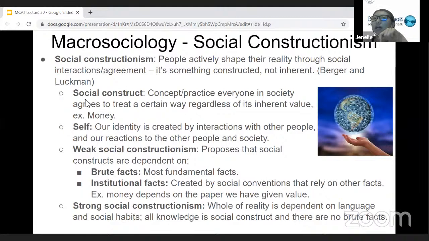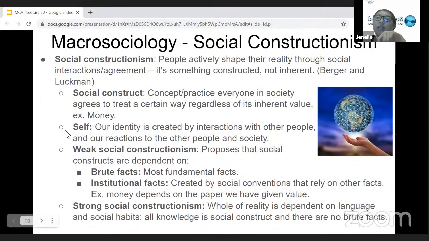So they believe that there was a social construct, which is the concept or practice that everyone in society agrees to treat something a certain way, regardless of its inherent value. So the example they give is money, which, without the value that society gives money, is kind of just a piece of paper. And so without that value, money would be thought of as useless in maybe another society.